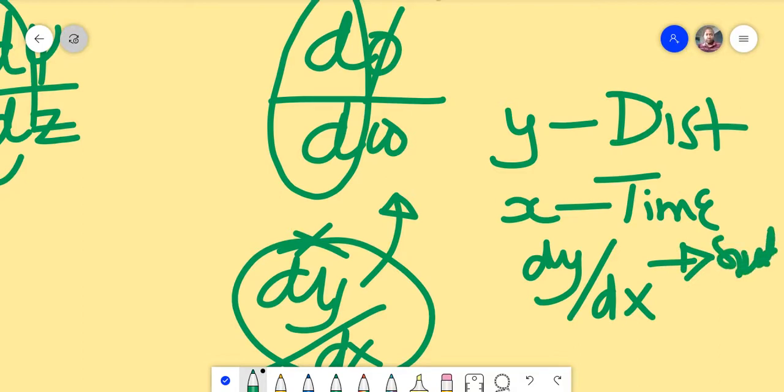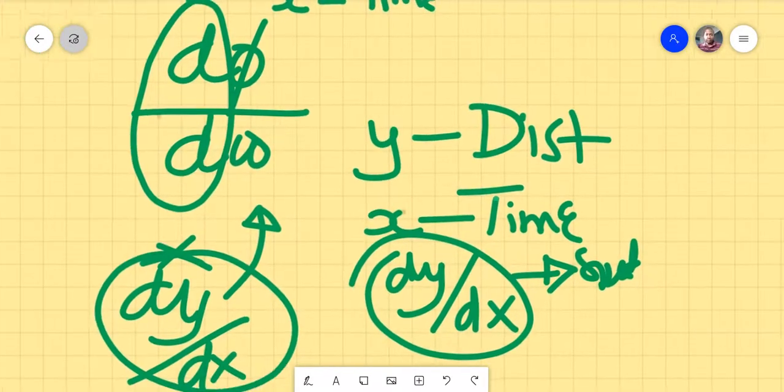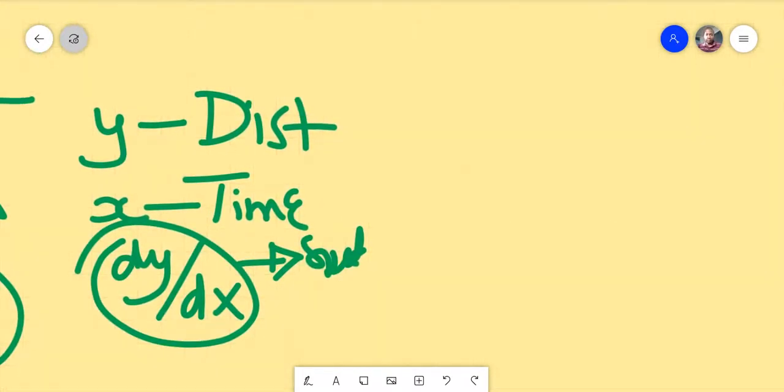Okay, so now this is a differential equation. It's not an equation. People who are strict might say, oh no, that's not an equation, where's the equal sign and all that.